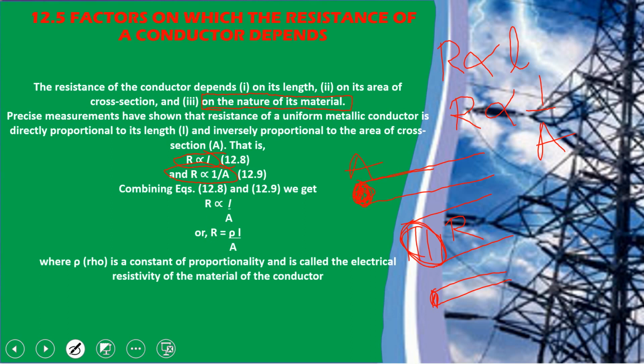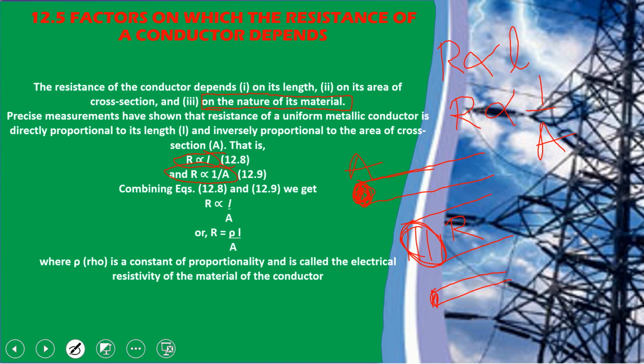For copper the resistance will be less. For aluminum it is also less, but a little more than copper. For silver it is more. If we use some alloy, it will increase again. So resistance also depends on the material it is made of.